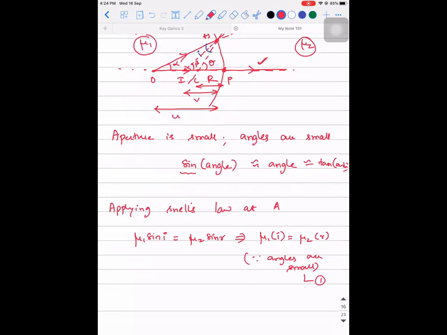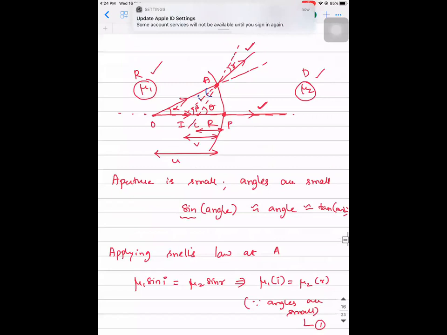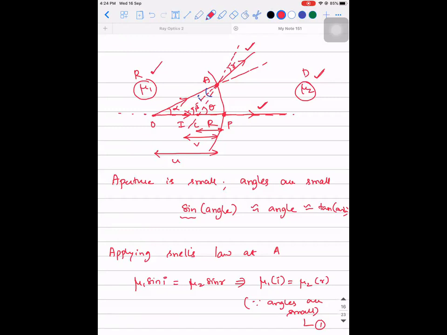So what did I tell about the final expression? You will have refractive indices, object distance, image distance, and the radius of curvature. All these are distances. So wherever distances are involved, you need to look for tan. So you need to start looking for a right angle triangle.